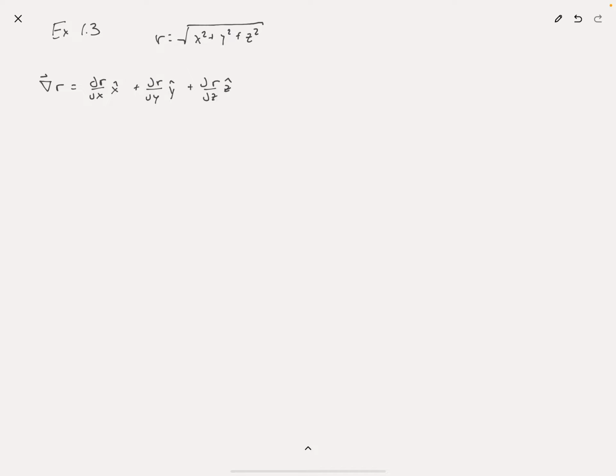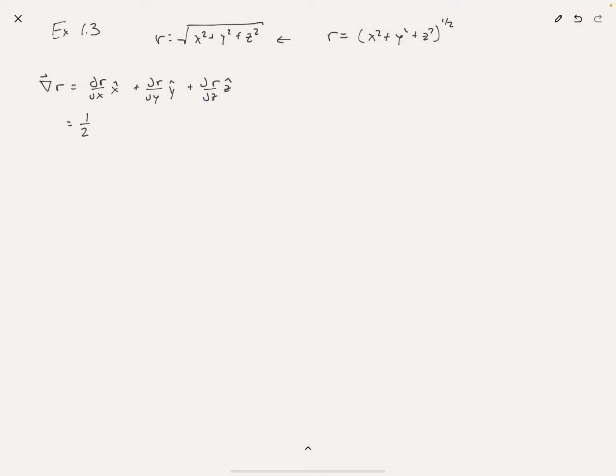All right, all of these, because of how consistent this looks, all of those derivatives are going to look the same. So let's go ahead and do one of them together, and I'll extend the solution to all of them. So I can write this as r is equal to x squared plus y squared plus z squared to the 1/2, and then this first term, dr/dx, I get a 1/2.